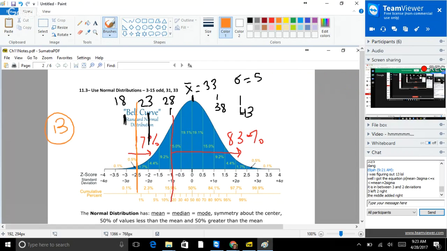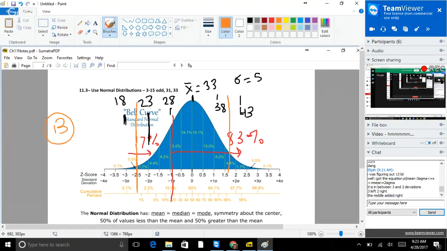So I would say 21 is not exactly, but about at negative 2.5 sigma, right? And then 41 is about here, right? So you're going to have a really large percentage.